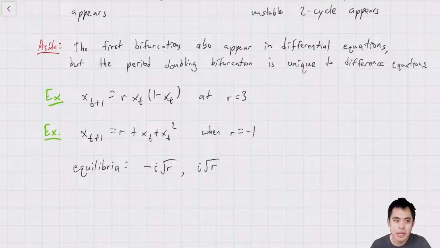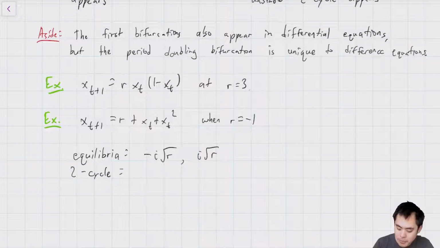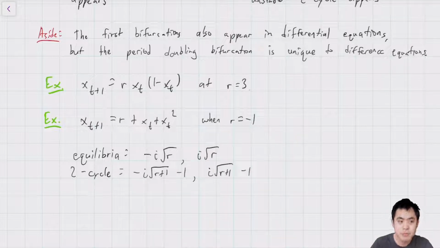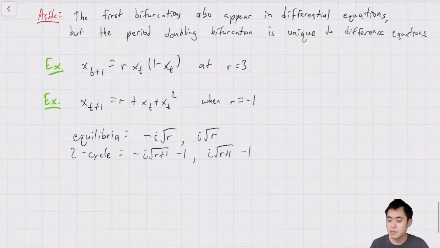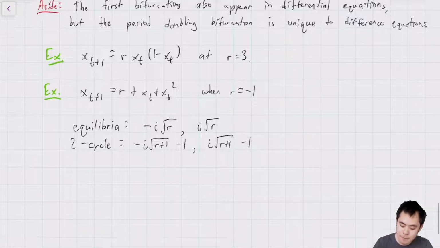So again, we need to have r negative for any of this to make sense. And there's also a 2-cycle, which is minus i times the square root of r plus 1 minus 1, or i times the square root of r plus 1 minus 1. You can solve this by solving for f of f of x equal to x, using something like Wolfram Alpha or MATLAB or any other computer algebra system.